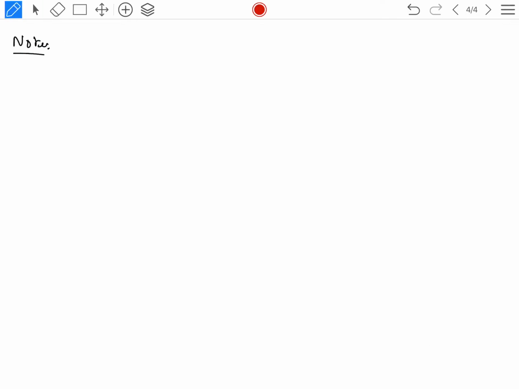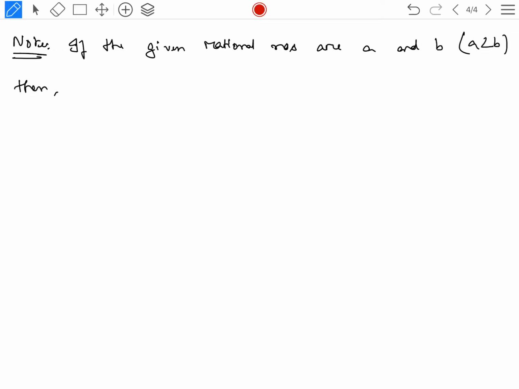So from this what we have learned, from this you can make one note. See, if the given rational numbers are a and b, such that a is less than b, then how you can find: first rational number q1 is equal to half into (a plus b).